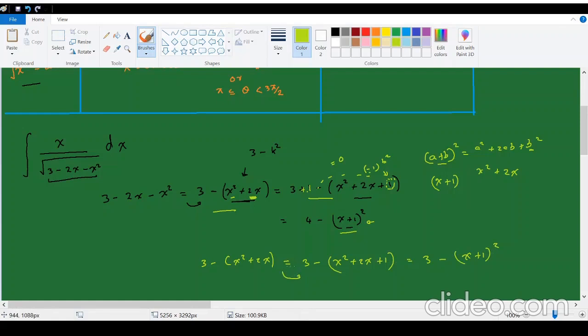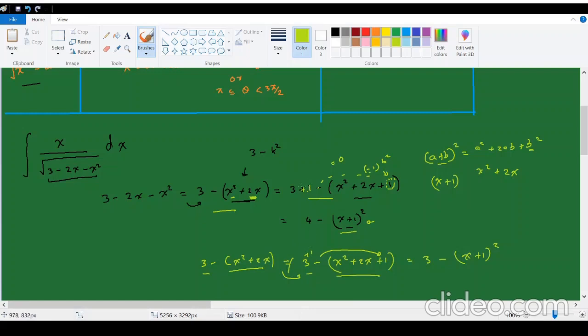These two are not equal, right? Here we have 3 minus this one, but here we have 3 minus this one, which is not correct, right? So here we have introduced a negative 1 as an outside term. To counterbalance it, we should add a positive 1 as well, right?